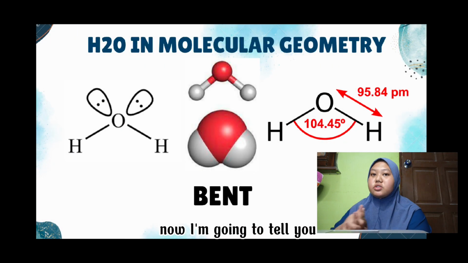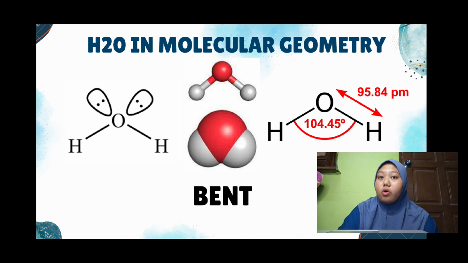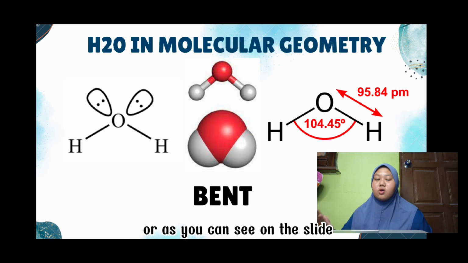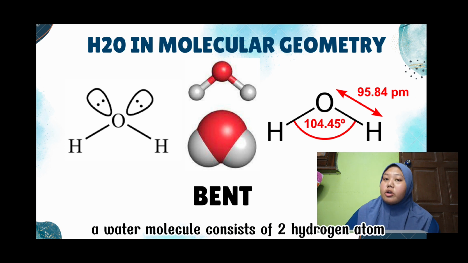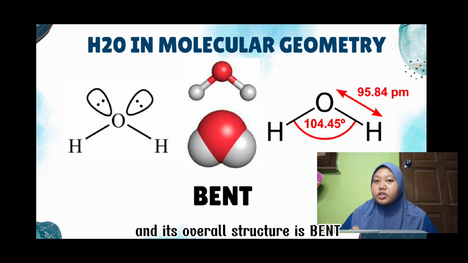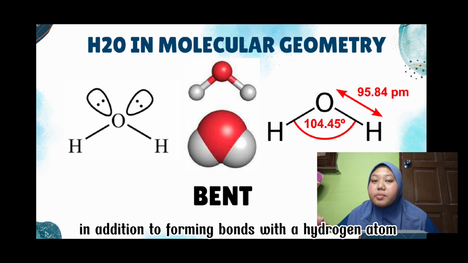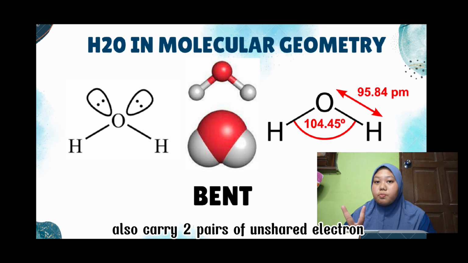Now I'm going to tell you about the molecular geometry of H2O. As you can see on the slide, a water molecule consists of 2 hydrogen atoms bonded to an oxygen atom, and its overall structure is bent. This is because the oxygen atom, in addition to forming bonds with the hydrogen atoms, also carries 2 pairs of unshared electrons.